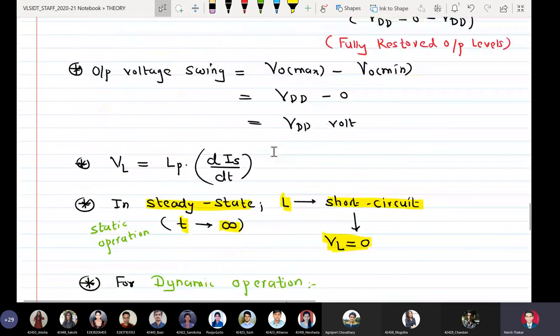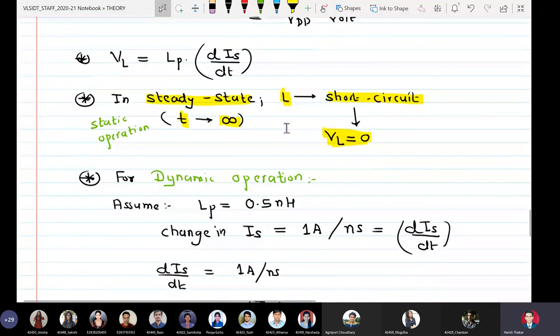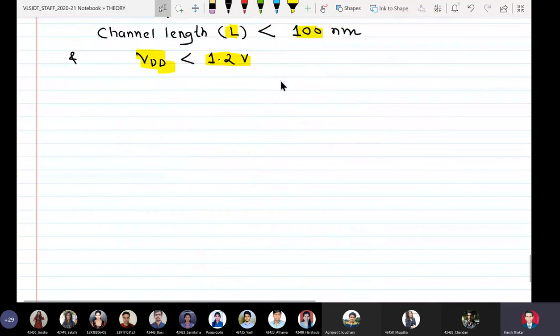Okay. So out of this 1.2 volts, 0.5 volts is getting already dropped across the inductor, that is the parasitic inductance. So how much will go inside? There will be a logical error inside. Okay.